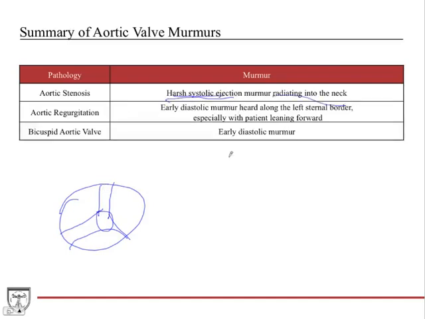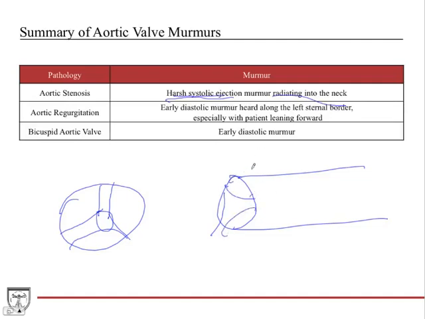And then the sound radiates into the neck, up the carotids. So then you have aortic regurg. If you remember, you have your aortic valve. Your aortic valve is supposed to be closed when in fact it is actually open.